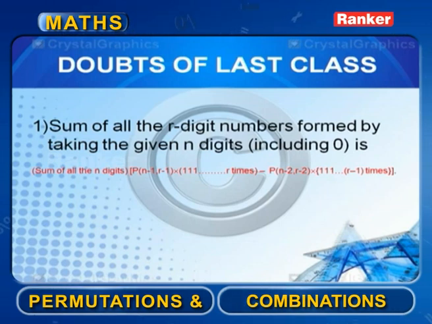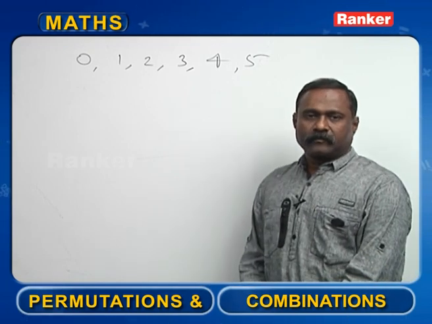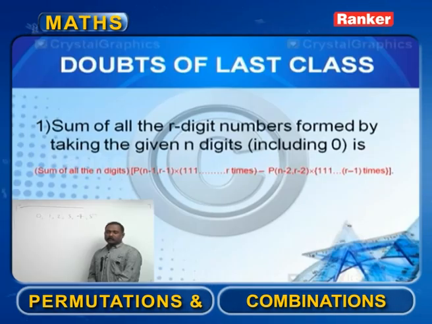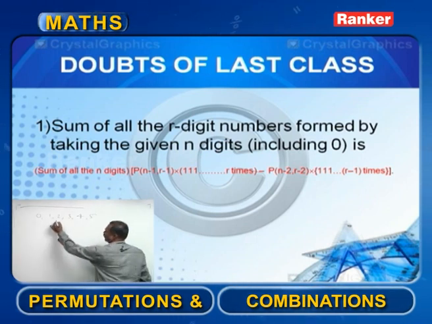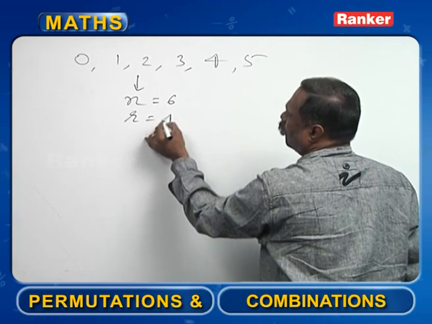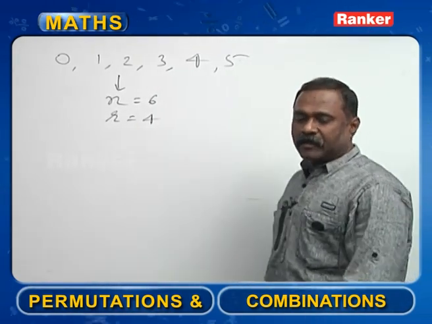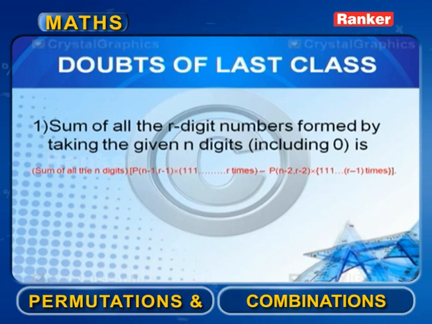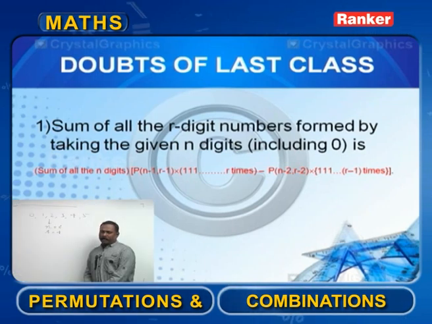Sum of all the r-digit numbers, please go through the slide. Sum of all the r-digit numbers formed by taking the given n digits including 0. Why I have taken including 0, you can understand now: it is the sum of all the n digits, that is, add all these digits, into (n minus 1)P(r minus 1), and so on into 1, 1, 1, so on, r times, minus (n minus 2)P(r minus 2) into 1, 1, 1, so on, r minus 1 times.